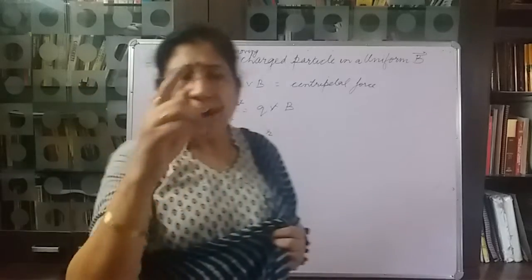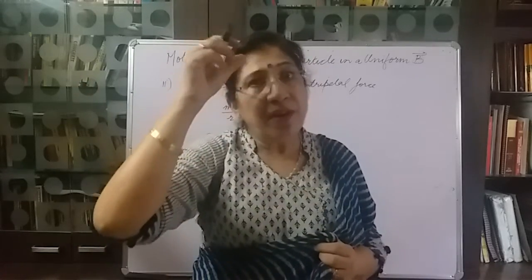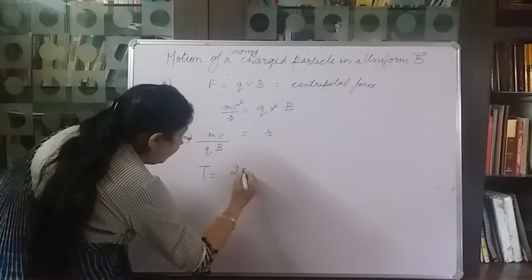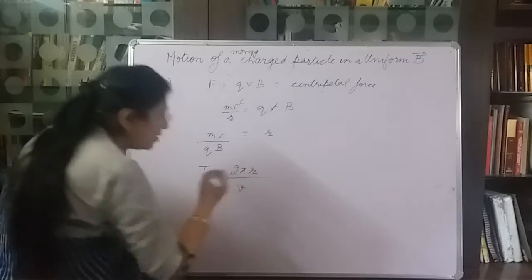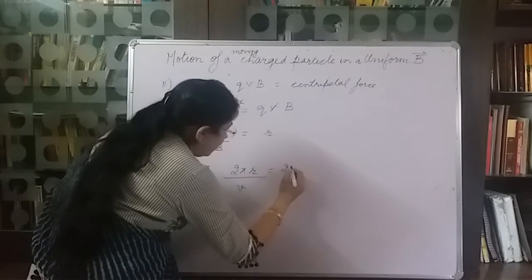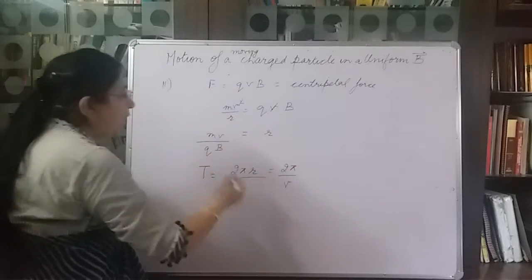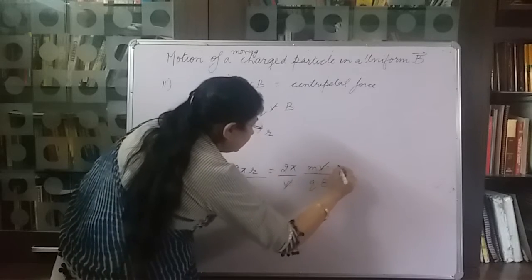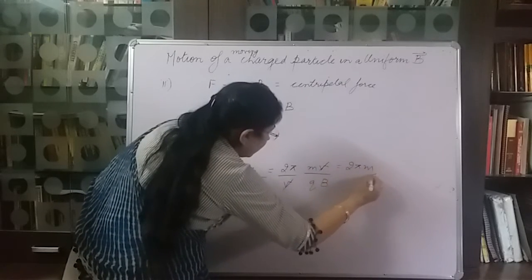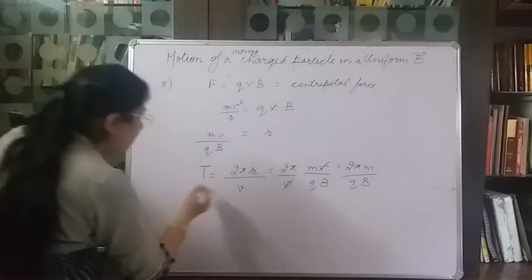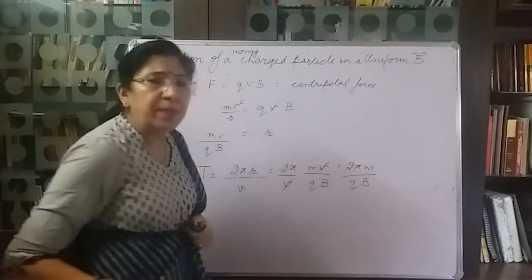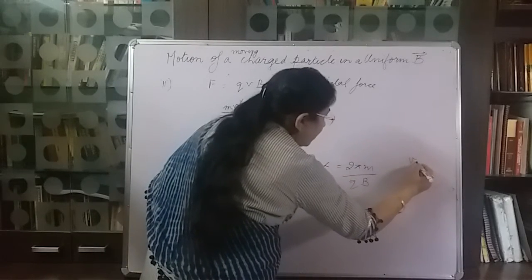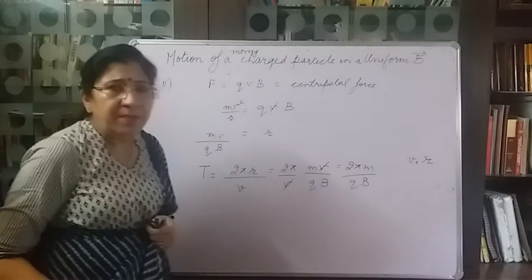The time period of revolution can be given by the circumference upon the velocity. Substituting for r, we get 2 pi m v by qB divided by v, so the time period of revolution is 2 pi m by qB. We can see here the time period is independent of the velocity of the particle and the radius.